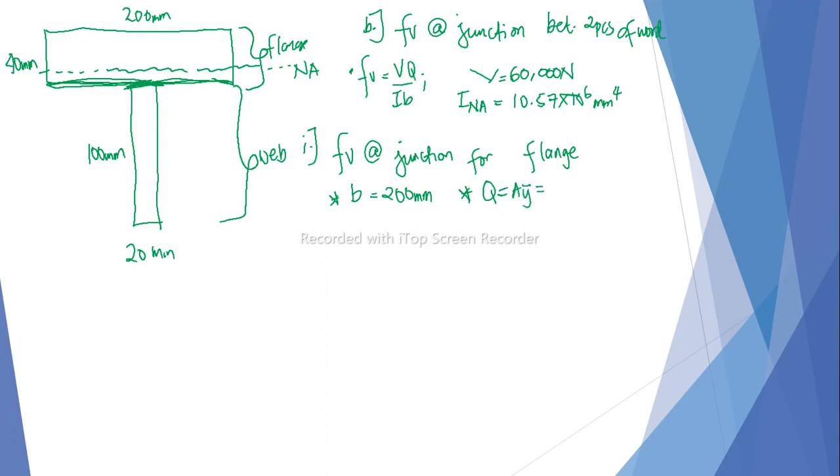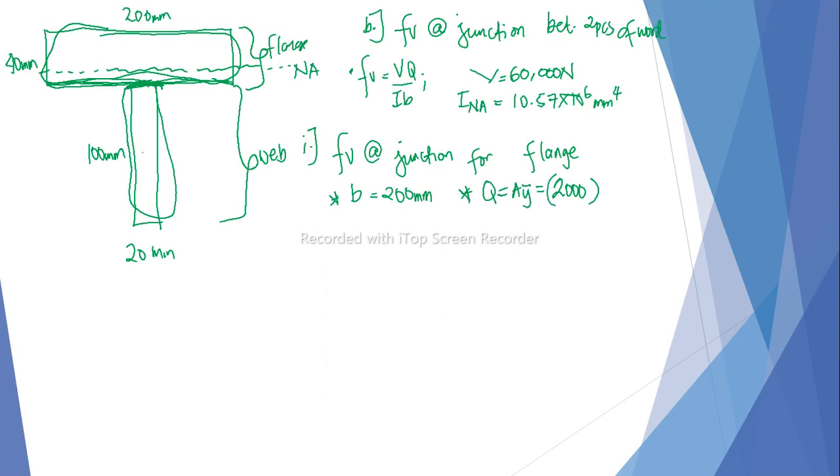Which area should we use? Since there are two sections, we can use either area 1 or area 2. Let's use area 2. Area 2 is 2,000 square millimeters, times Y bar.